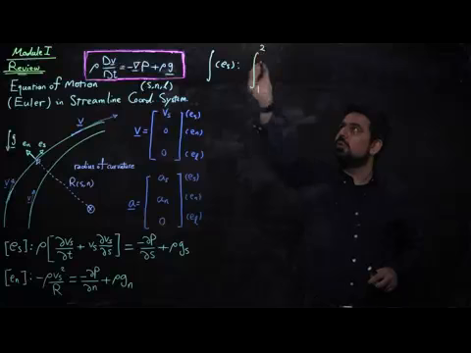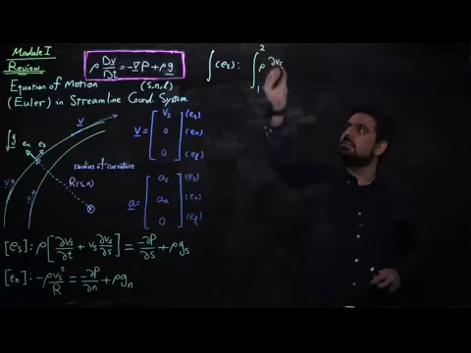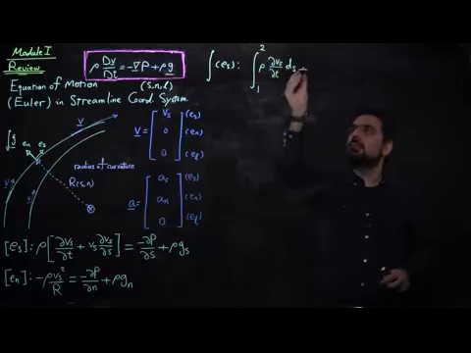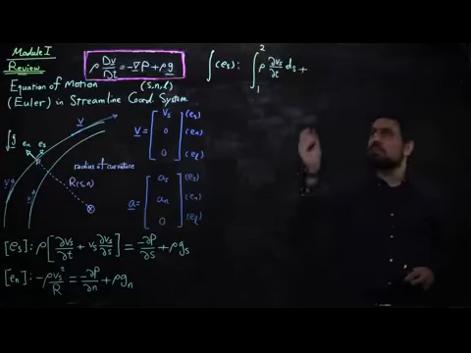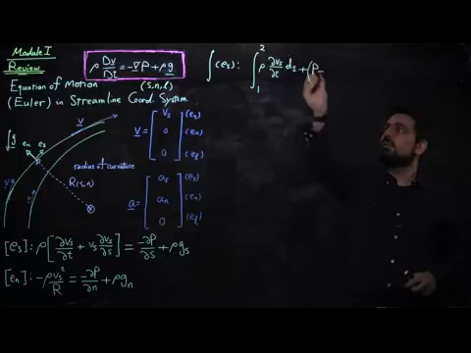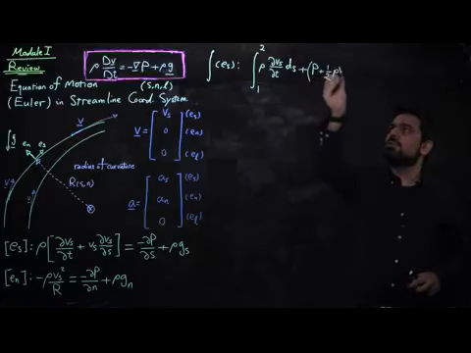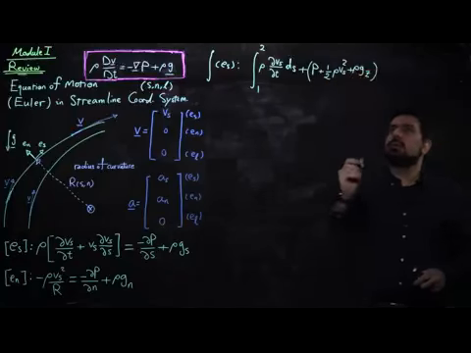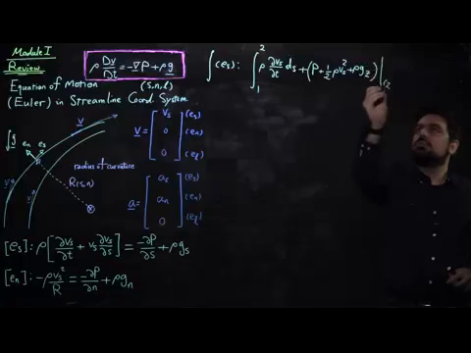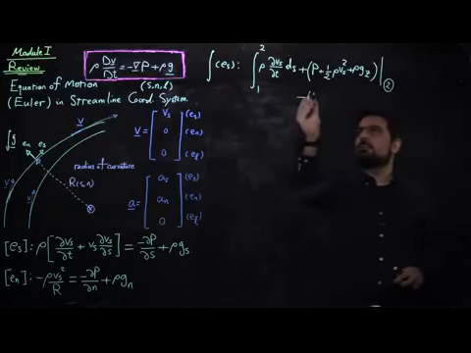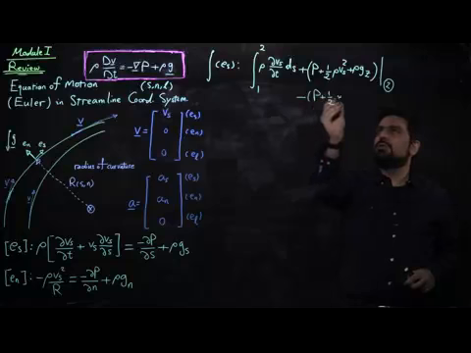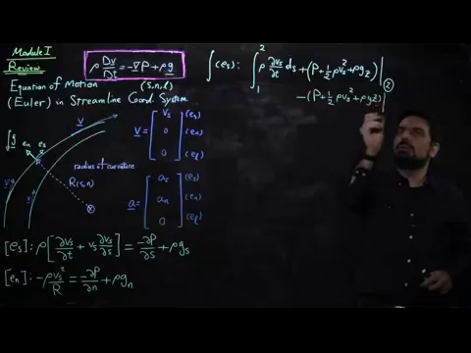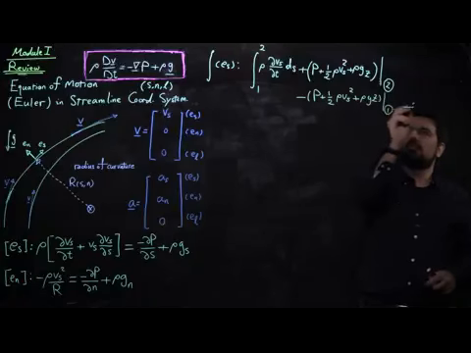Integral from 1 to 2 of rho dvs/dt, all integrated along a streamline with element of integration ds, plus p plus half of rho vs squared plus rho gz, calculated at station 2, minus p plus half of rho vs squared plus rho gz, all calculated at station 1. This net sum should be equal to 0.